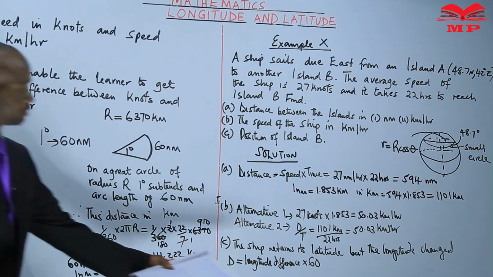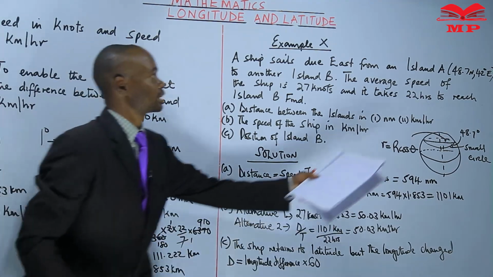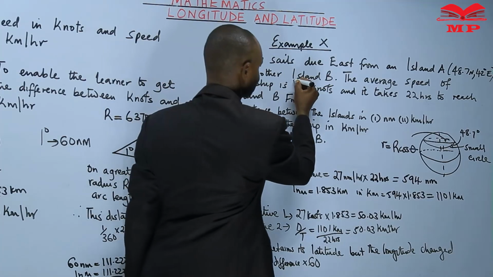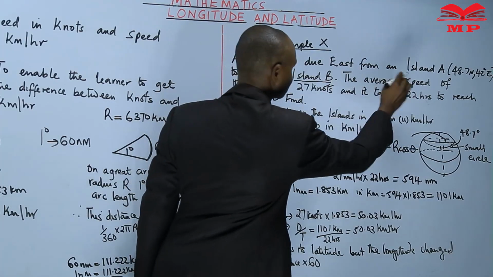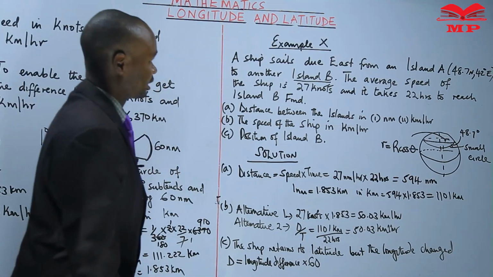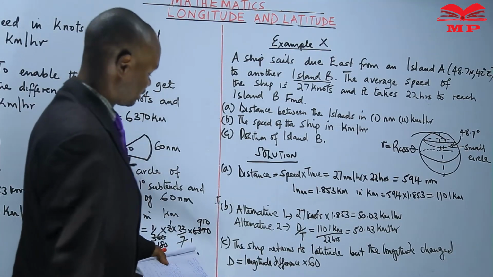So this longitude difference you get is the one you'll substitute to get the new position of B, because I've said the latitude remains 48.7.